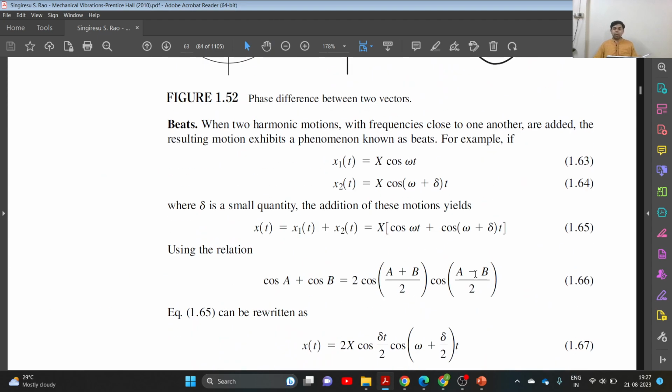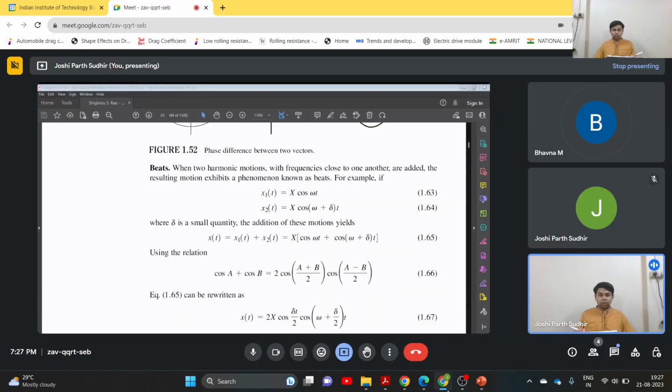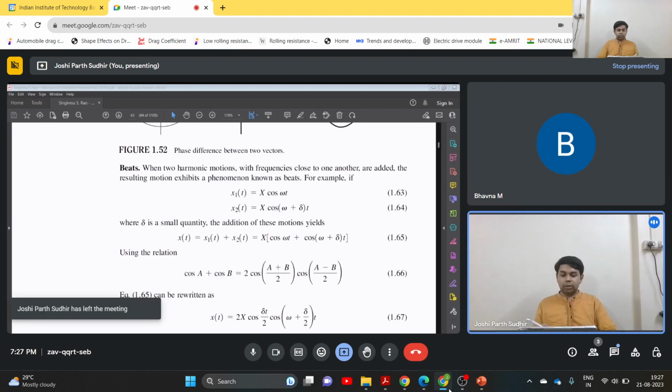Because that's what I just said, this delta depends on omega 2 minus omega 1, just what I explained on the whiteboard. So that delta is basically omega 2 minus omega 1.